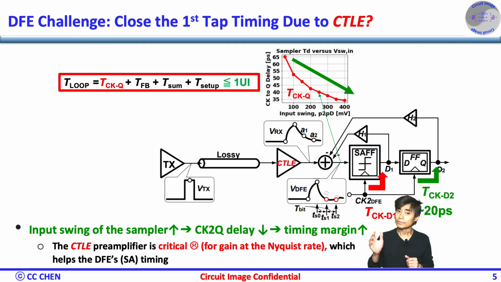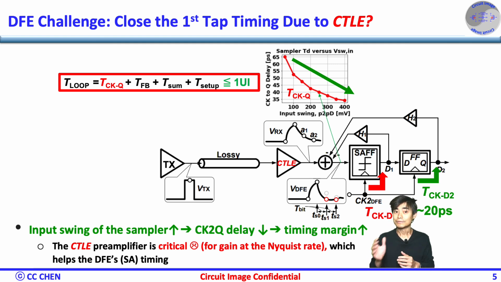But if you are looking for more factors that could impact the input swing of the first tap sampler, you will make more reasonable assessments for the input swing after the summing amplifier, or summer output. For example, if you had a poor preceding CTLE before the summer, the first step would not have enough swing to meet the timing.